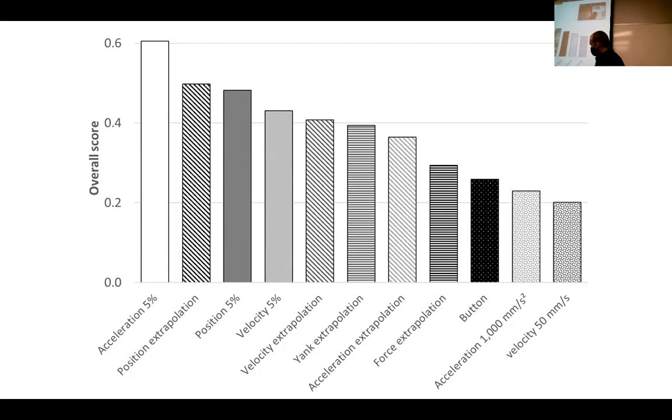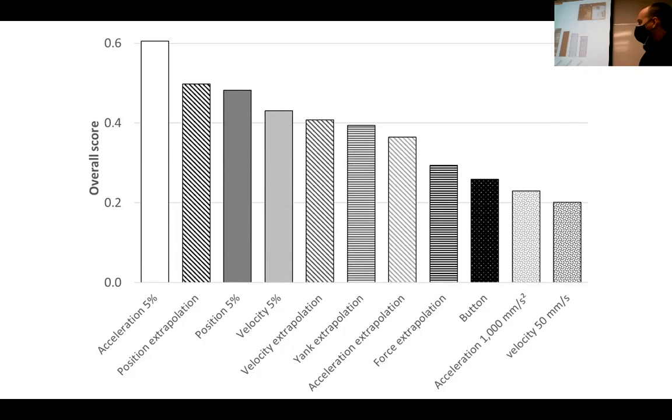Position, velocity, and acceleration are kinematics. Kinetics is force and yank. So the button is performing pretty well, which was a bit of a surprise because in a lot of motor behavior studies, we really emphasize kinematic measures without necessarily having a justification to say that they are better than a button.